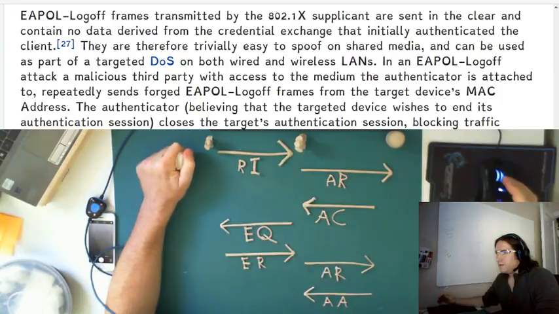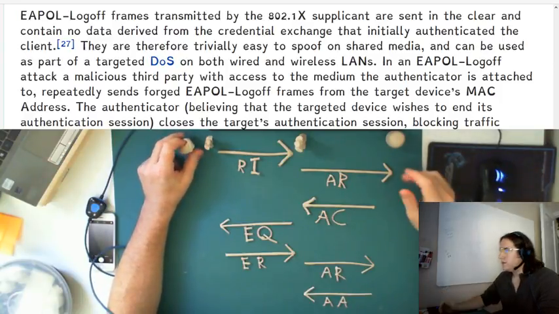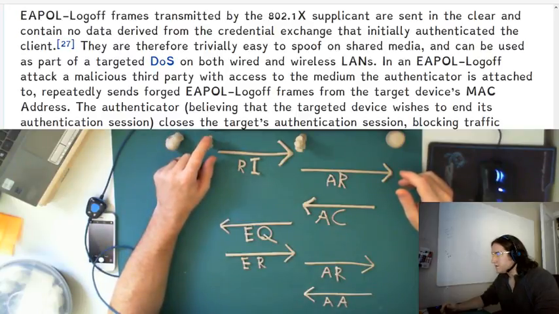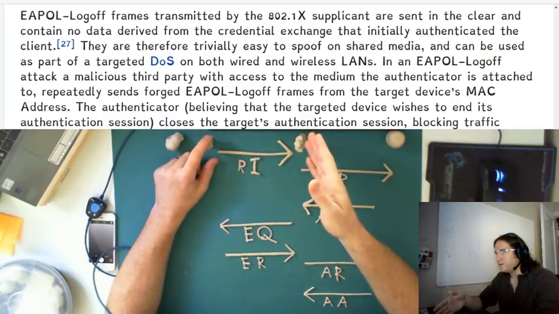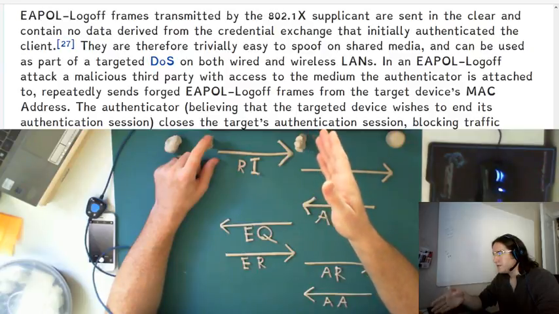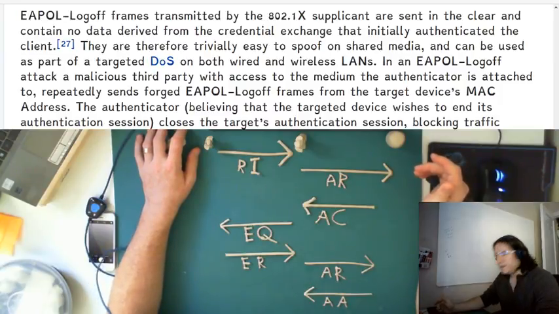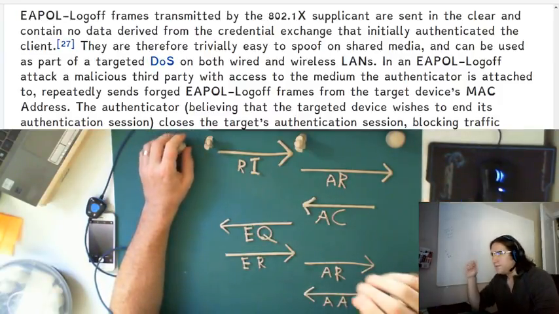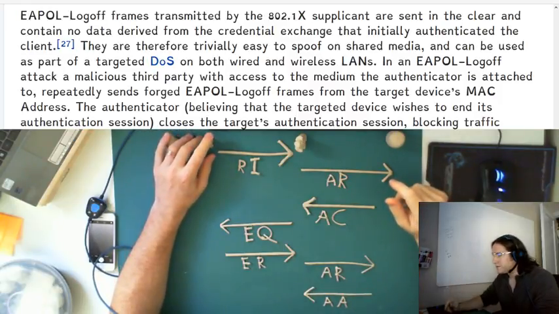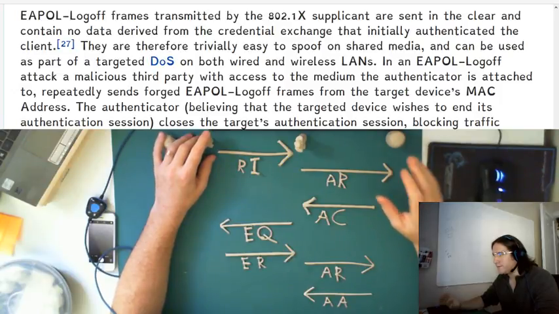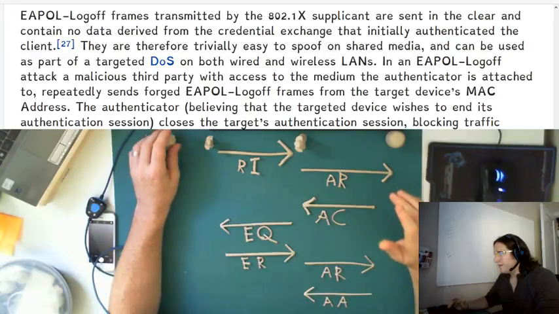EAPOL logoff frames transmitted by the 802.1x supplicant are sent in the clear and contain no data derived from the credential exchange that initially authenticated the client.